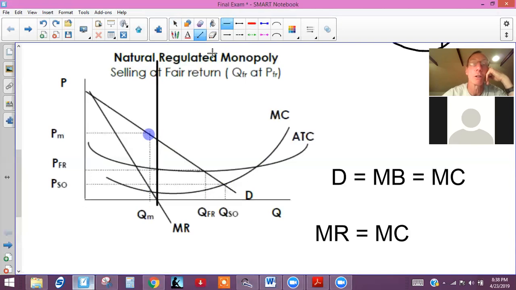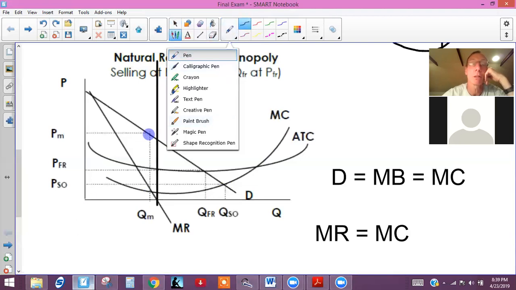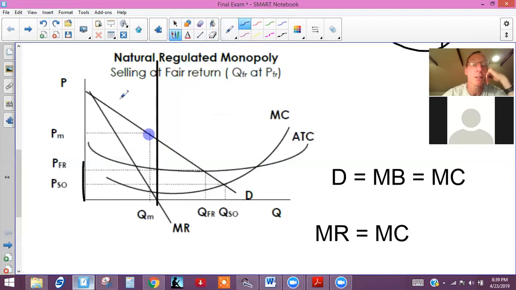The curve would look, again, I can't draw it very well, but it would look like this, right? So the price only equals marginal revenue when it's perfectly competitive.